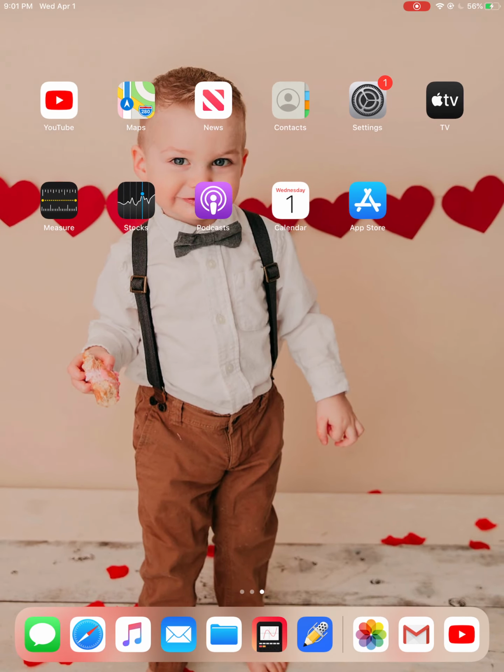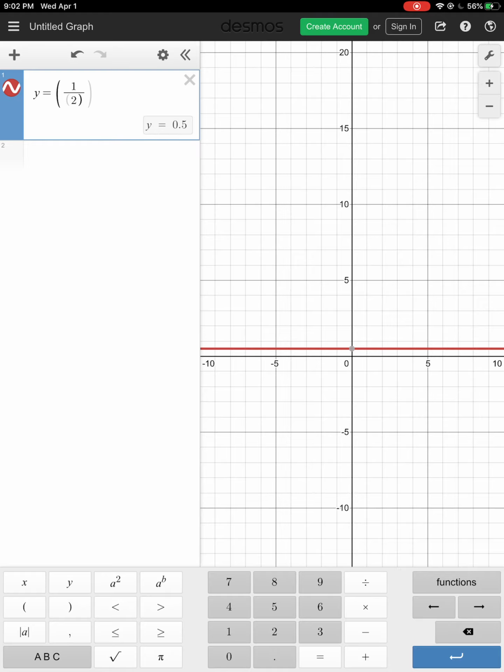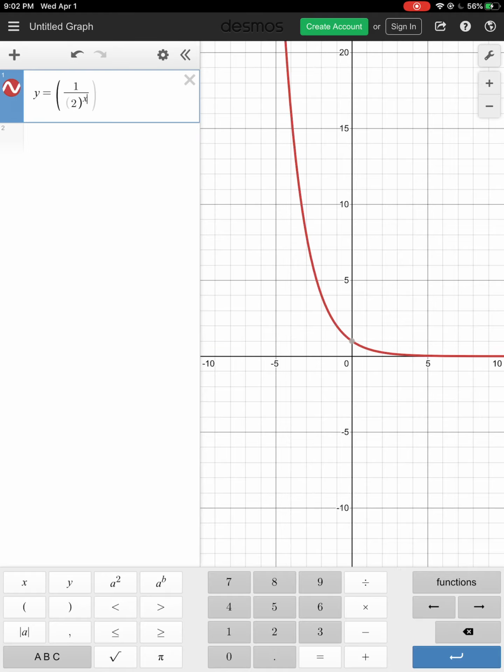Okay, so we have y equals, in brackets, 1 divided by 2 to the power of x. There you go.